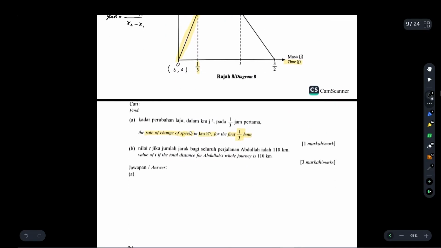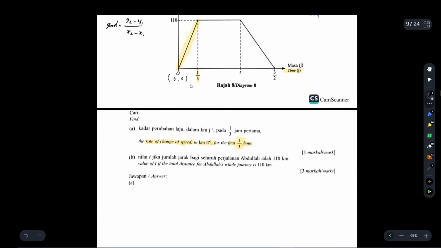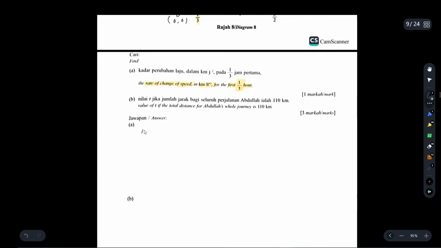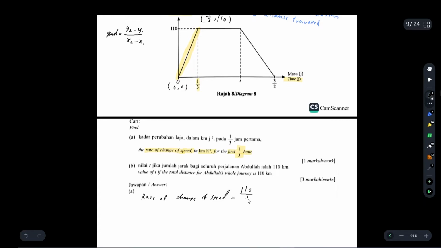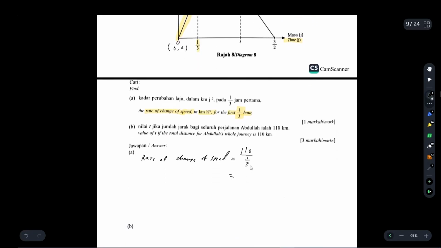So right now we can find the rate of change of speed for the first 1/3 hour. It's y over x, and we have 3/10. That's the answer. Make sure to write out the unit.